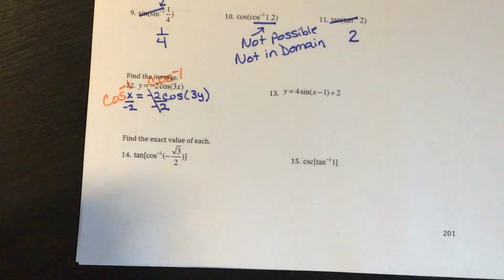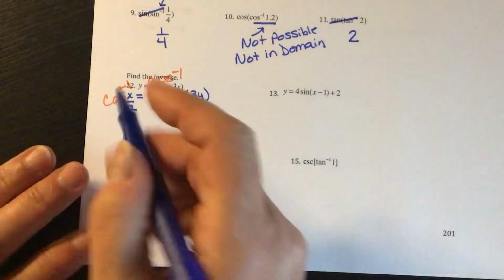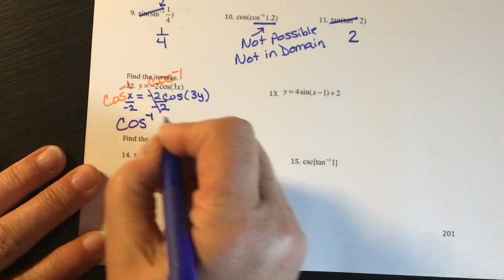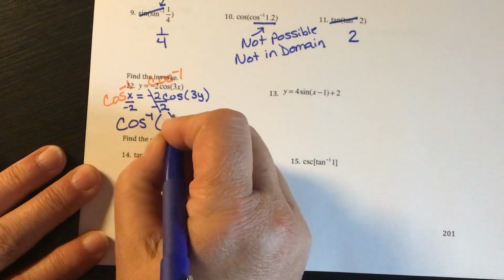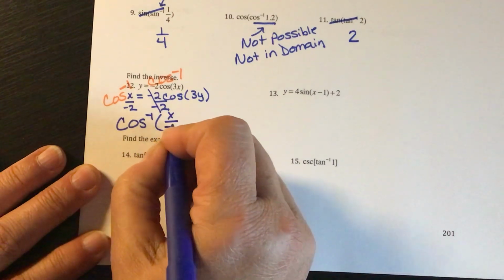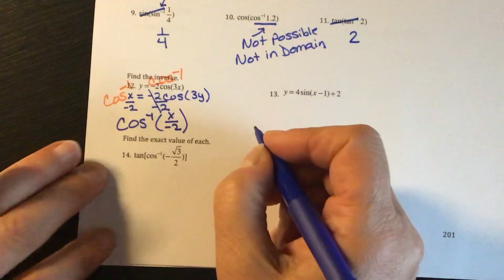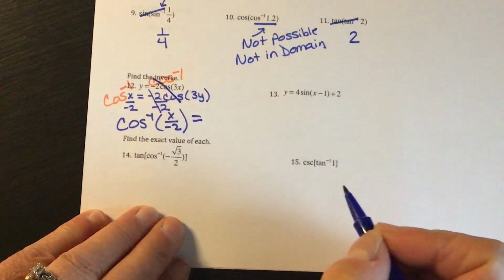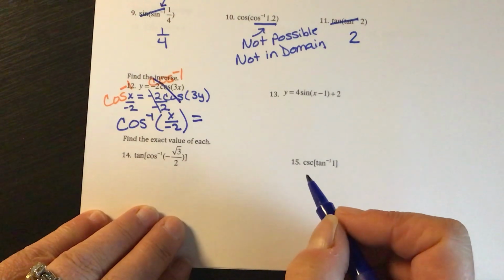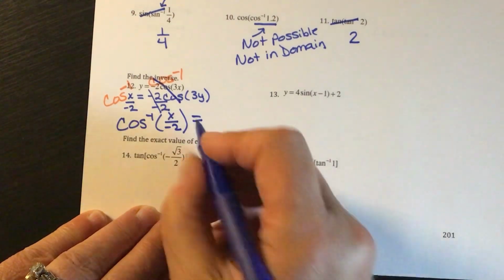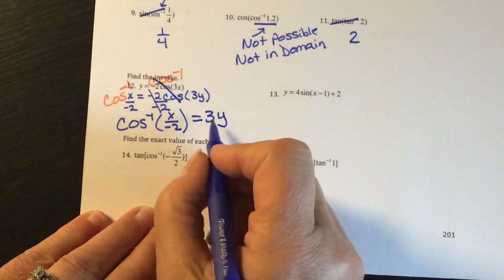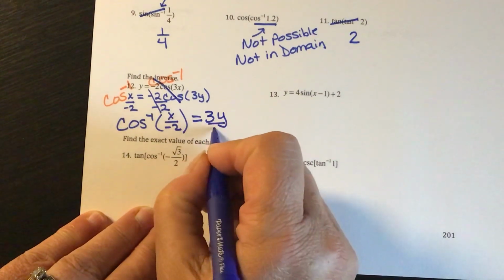So that looks like inverse cosine of x divided by -2, or -x over 2, equals, now these cosines are going to cancel, the inverse and the regular cosine, and that equals 3y. And now I have to divide both sides by 3.